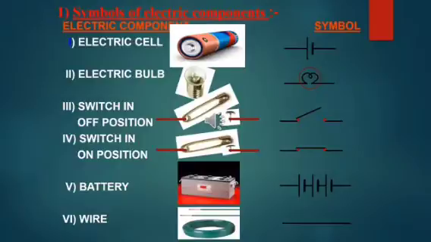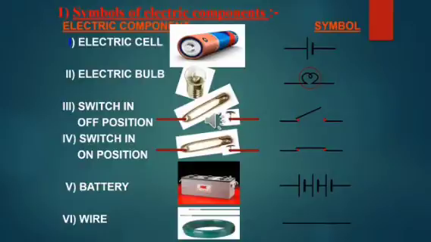The next symbol, a long line which is drawn there, represents a wire, which is very important for electric current to flow. So children, you need to learn to draw the symbols for each and every electrical component.